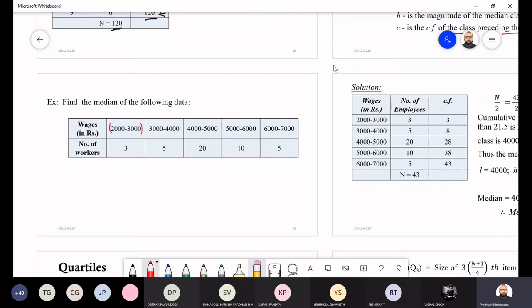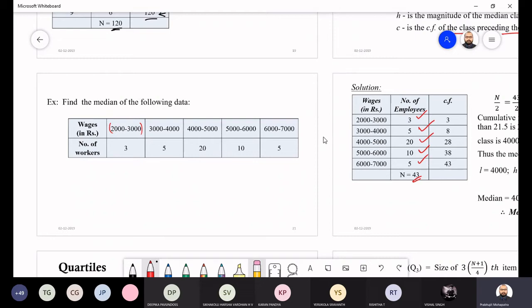Now total how many observations are there? 2000 to 3000, 3 data; 3000 to 4000, 5 data; 4000 to 5000, 20; 5000 to 6000, 10; and 6000 to 7000, 5 data. So total how many data are there? Total 43 observations are there.